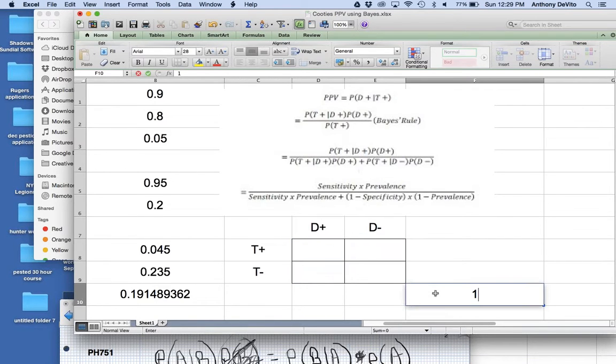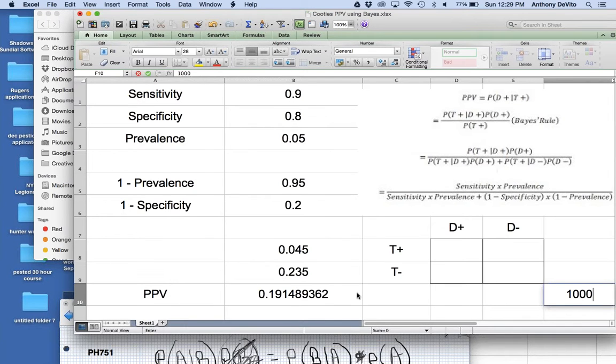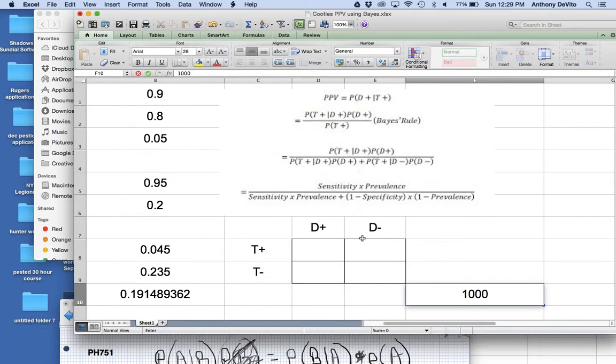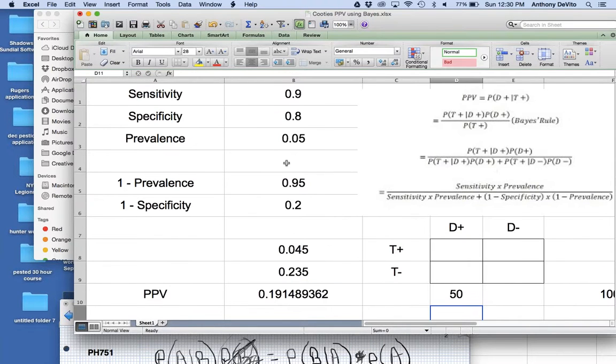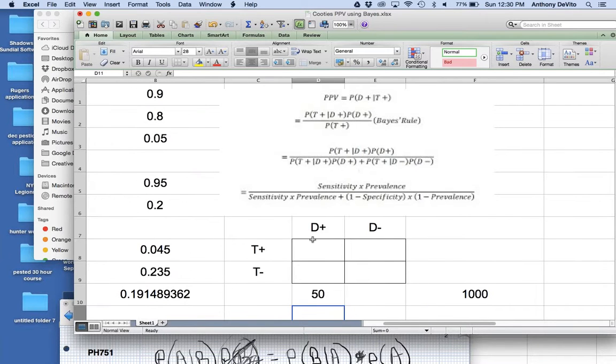So I'm going to say I got 1,000 people in this population, randomly sampled. Well, I would expect a prevalence of 5%, so the number of people that have the disease is going to be equal to 5% of 1,000. That's 50 people. Since the test has a sensitivity of 90%, out of those 50 people, I would expect 90% of them to test positive.